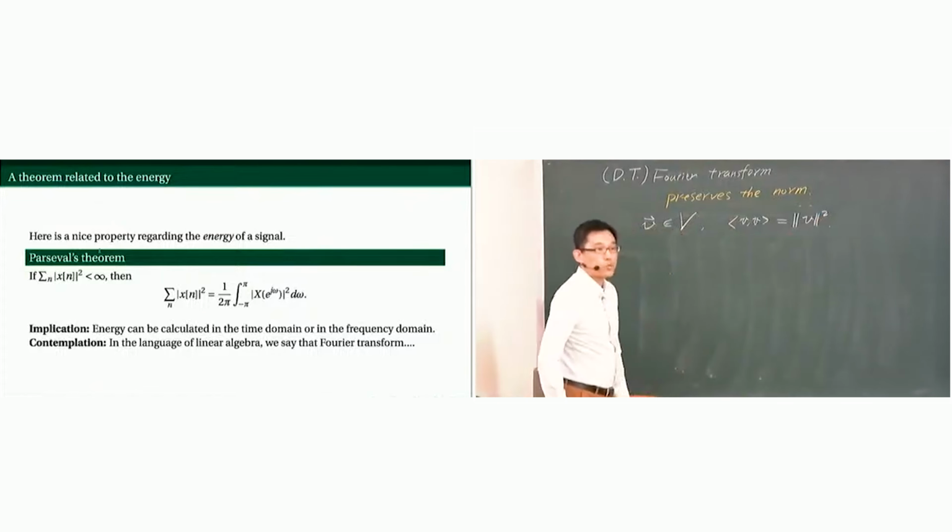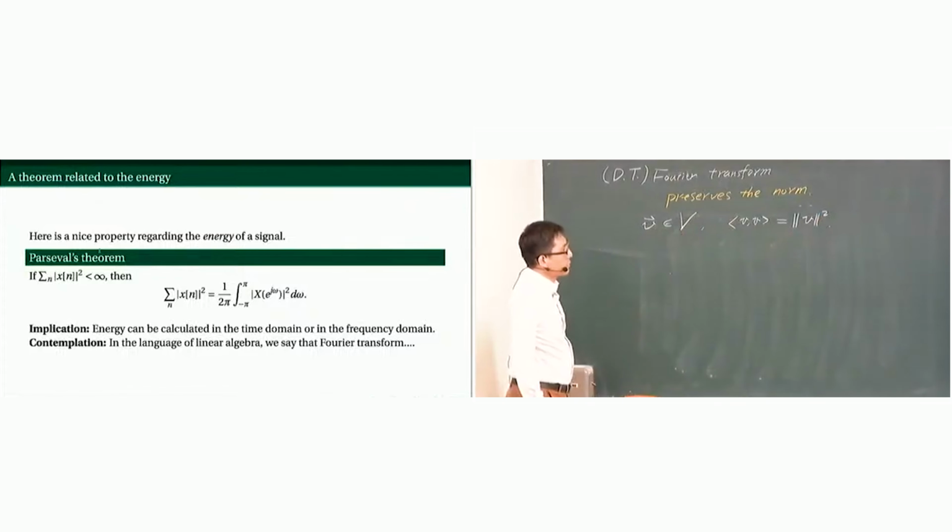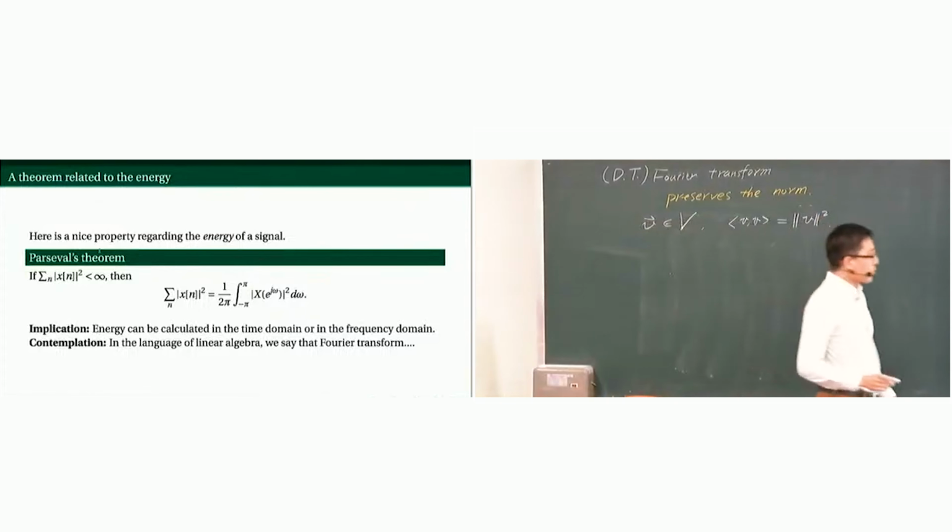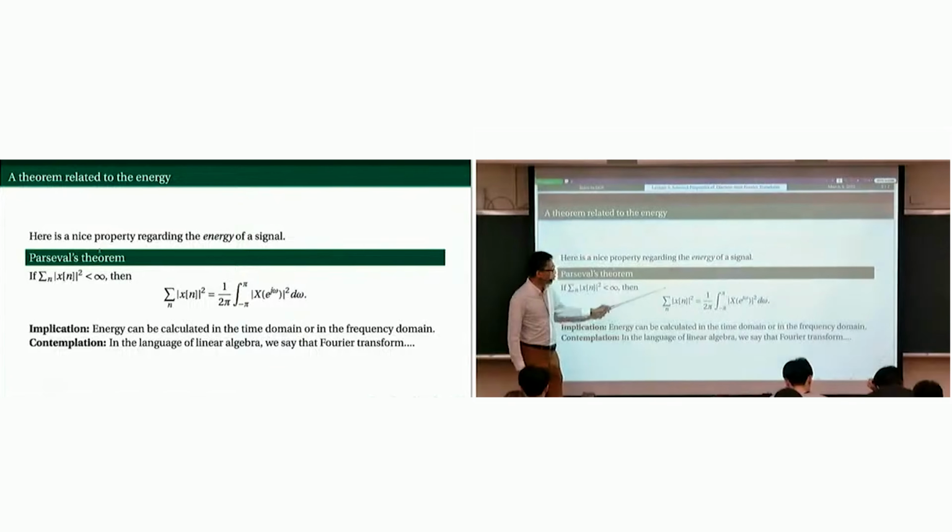So I'm just sharing with you that this is a kind of norm square. We are taking the inner product of our signal with itself in the vector space of all signals for which this summation converges.